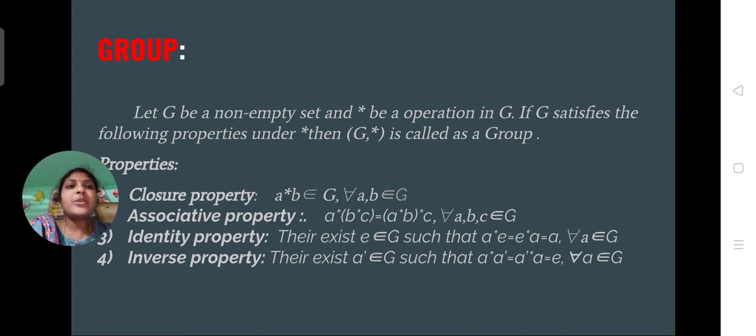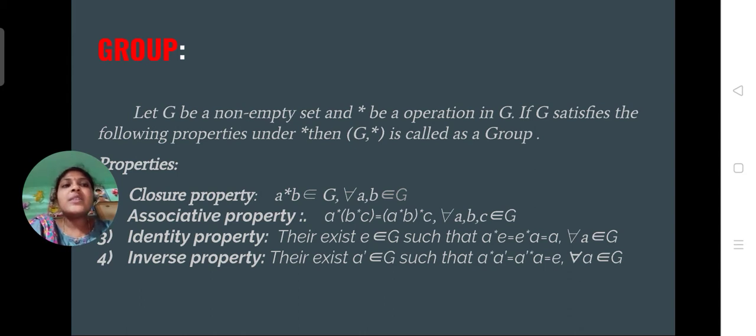And next, third one, identity property. If we take any element A belongs to G, then there exists some element E belongs to G such that A star E is equal to E star A is equal to A. That means if we operate the element E with the element A, then we get the same element A. And next, inverse property.